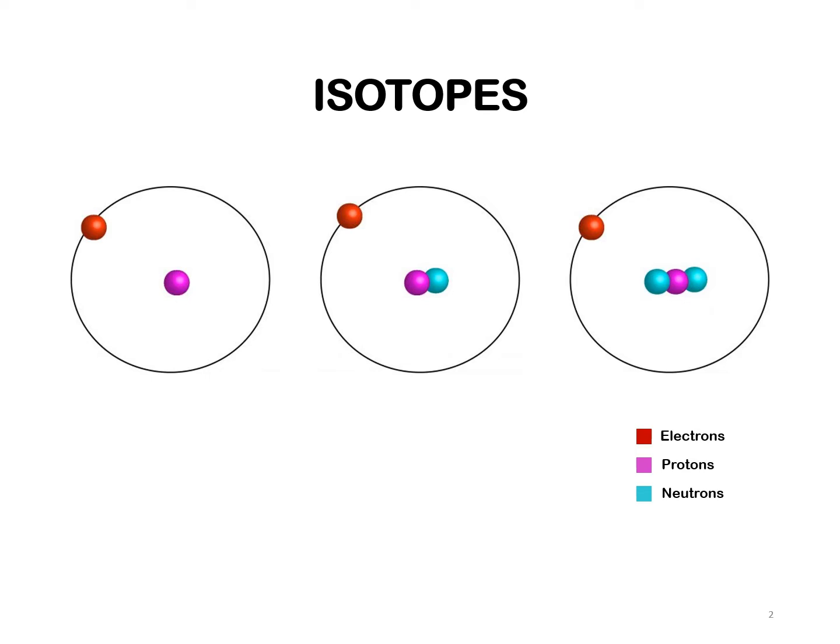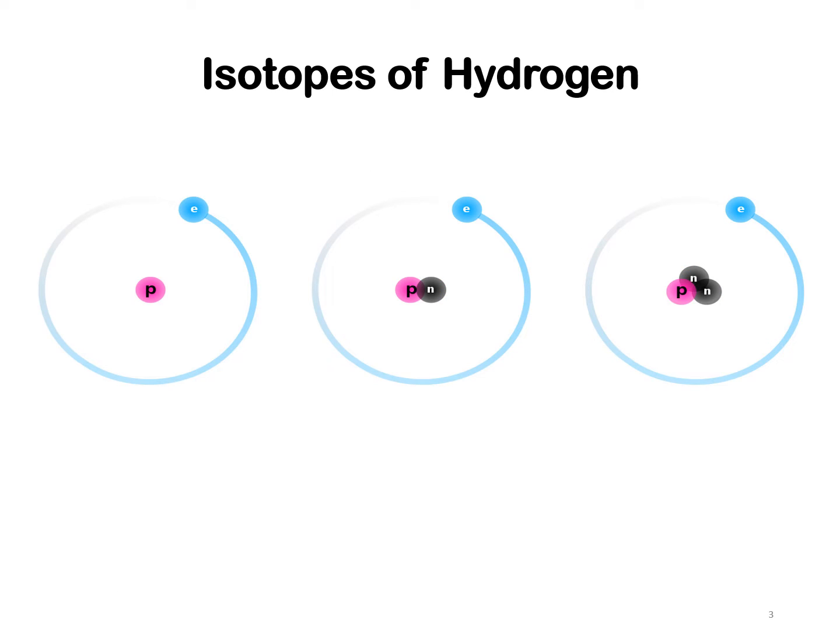Therefore, isotopes can be defined as atoms of the same element having the same number of protons but different number of neutrons. Or you can define it as well that the atomic number is the same but having different mass number.